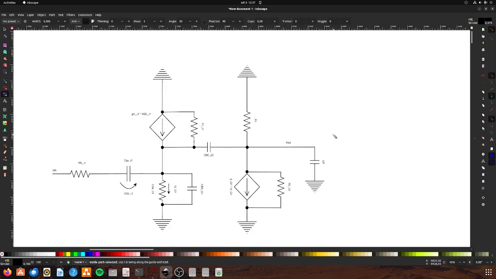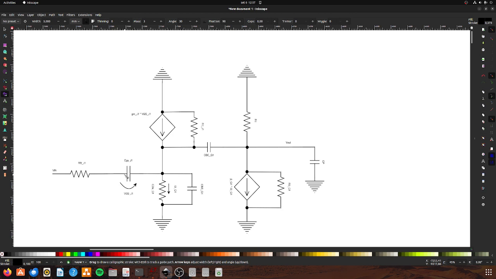Okay, this is the equivalent small signal model of the amplifier. Basically, this is the gate resistance of J1. I wrote it wrong, it's not RB, it's RG. This is the common source capacitance of J1. Basically, this is a parasitic capacitance that will make a very high frequency zero in the frequency response.